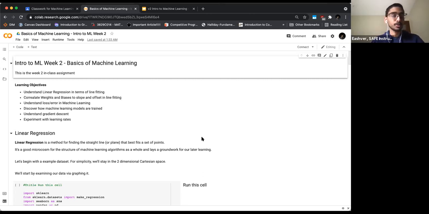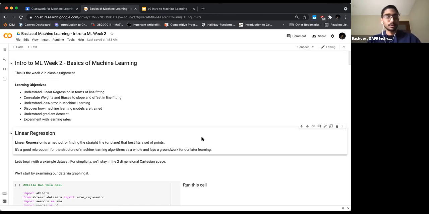Understand what error or loss is in machine learning. Discover how machine learning models are trained. Understand what the method called gradient descent is, and experiment with learning rates. So those are all things that we'll be doing today.